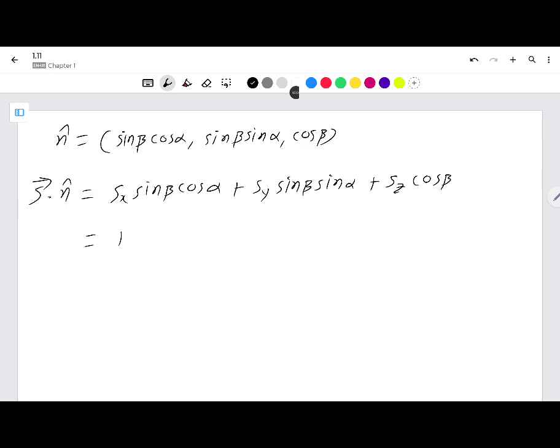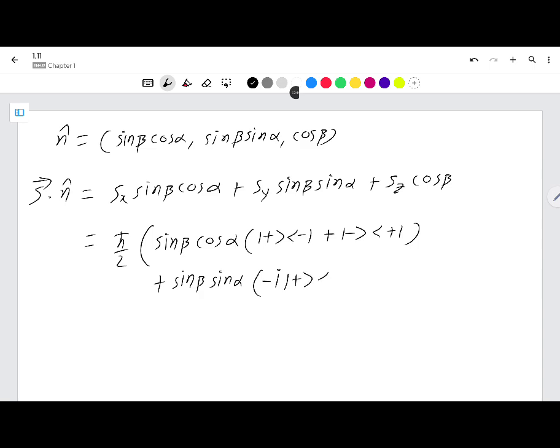In terms of bracket notation, we can write sin beta cos alpha as the x part, which is plus minus and minus plus, plus there is sin beta sin alpha with a negative i, plus cos beta for this spin z part.